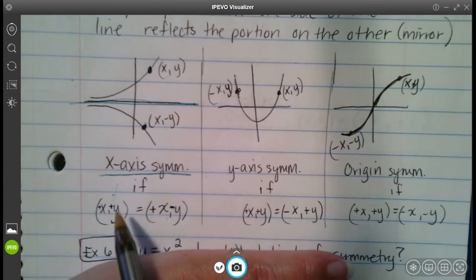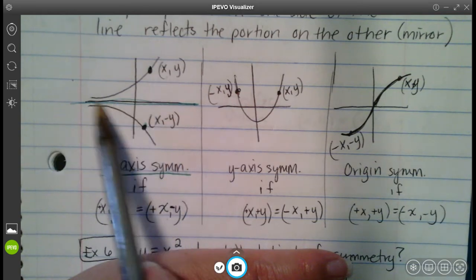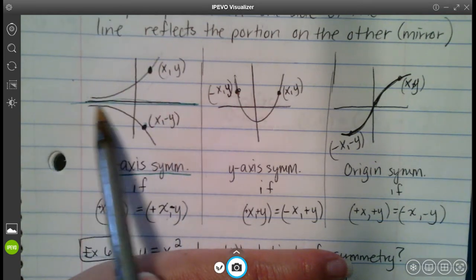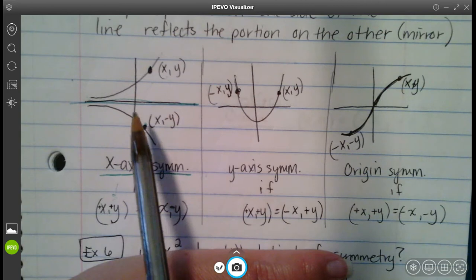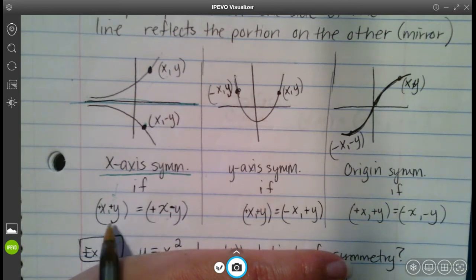But this has to be true for every single xy that we have up here. So all of these points have to match up with a point that's down here. Okay, and we're going to go into a little bit more of this in a few more examples.